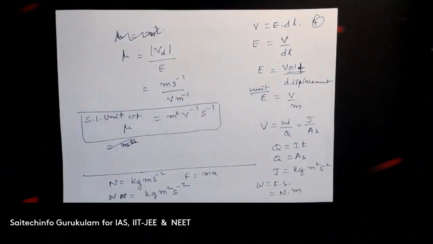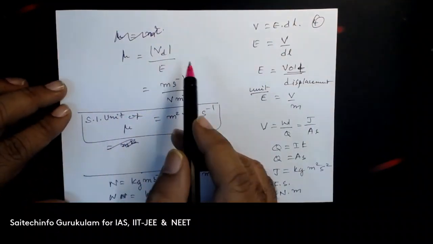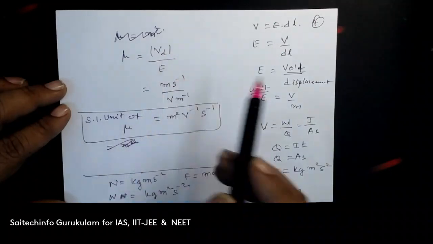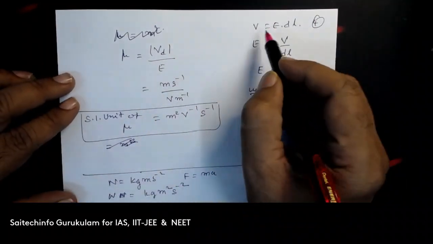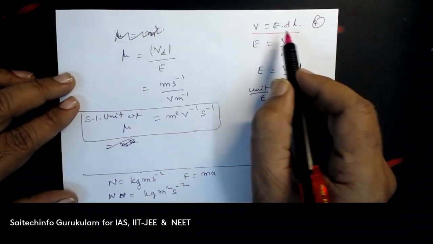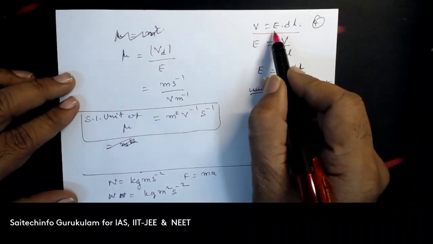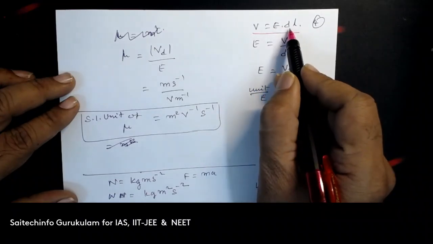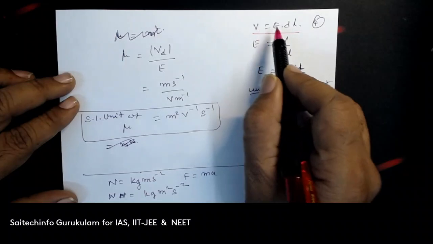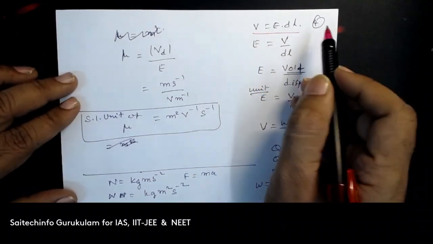We already know mu is equal to modulus of Vd divided by electric field. We know that potential is nothing but the product of electric field and dl. That is, the potential means the work done in moving the charge.